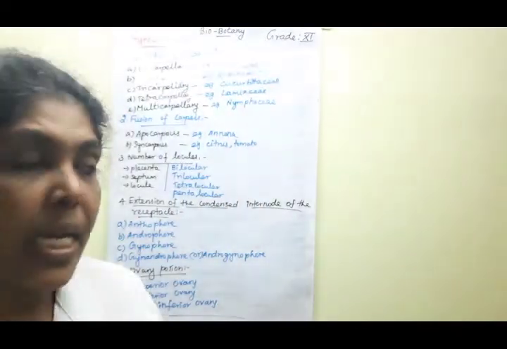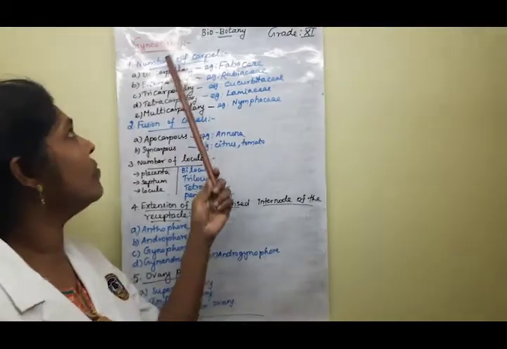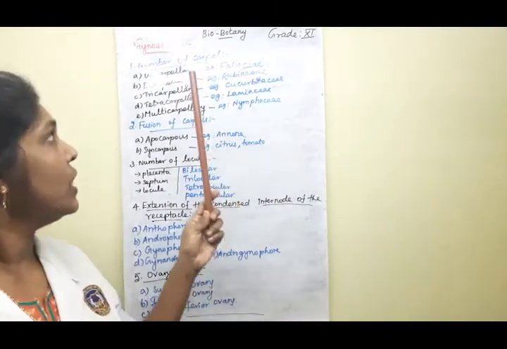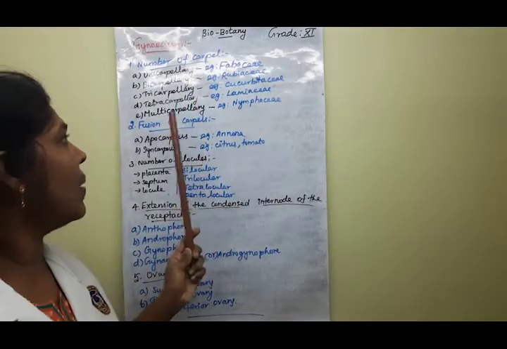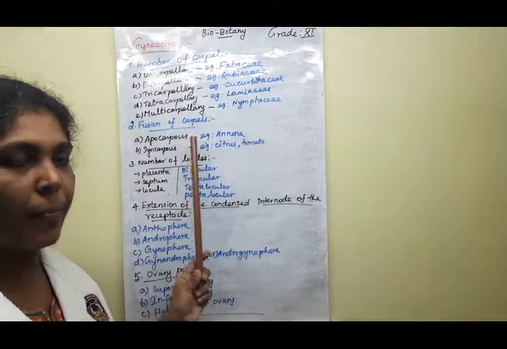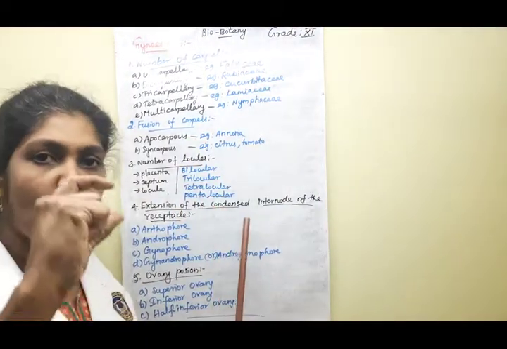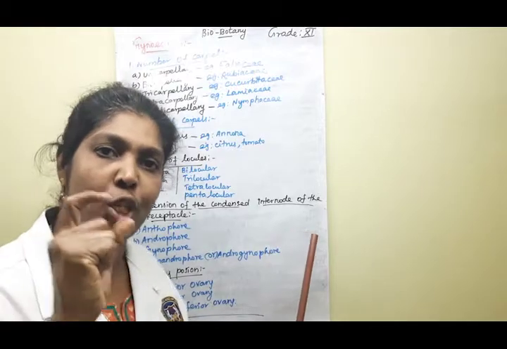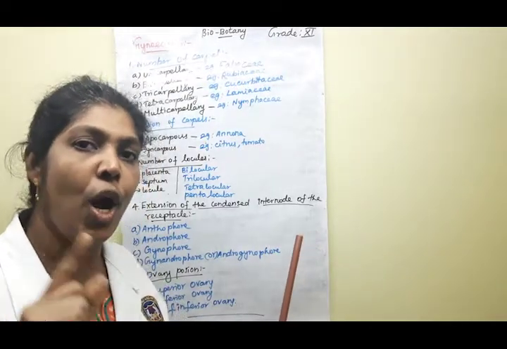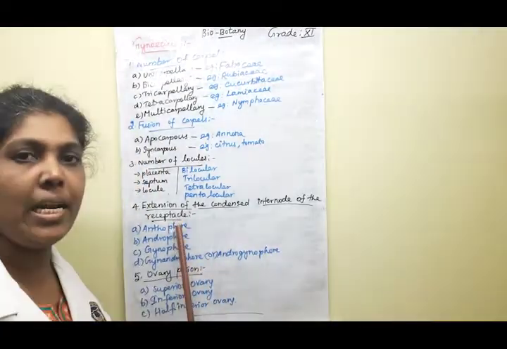Next we are going to learn some subtypes of the gynoecium. There are the number of carpels, fusion of carpels, and extension of the condensed, shortened internodes of the receptacle region.